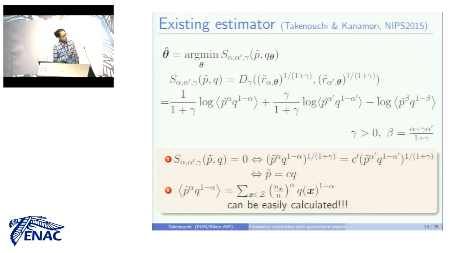So if the target model is proportional to the empirical distribution, this score function is equal to 0. And the second important point is that this term, this term, and this term are very easy to calculate. We don't need to calculate the normalization constant.